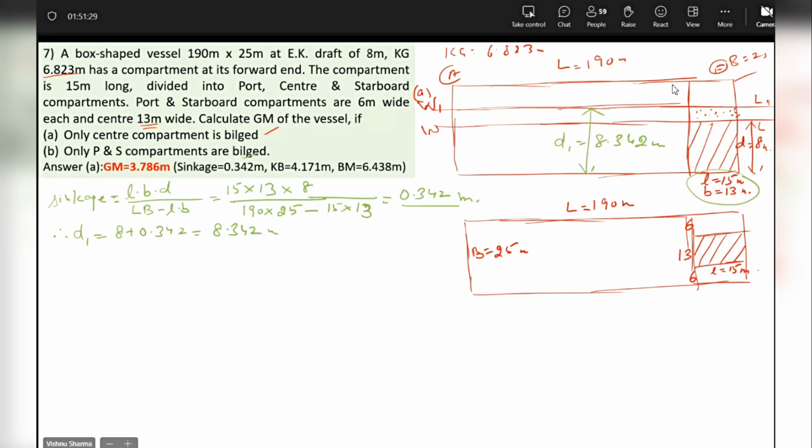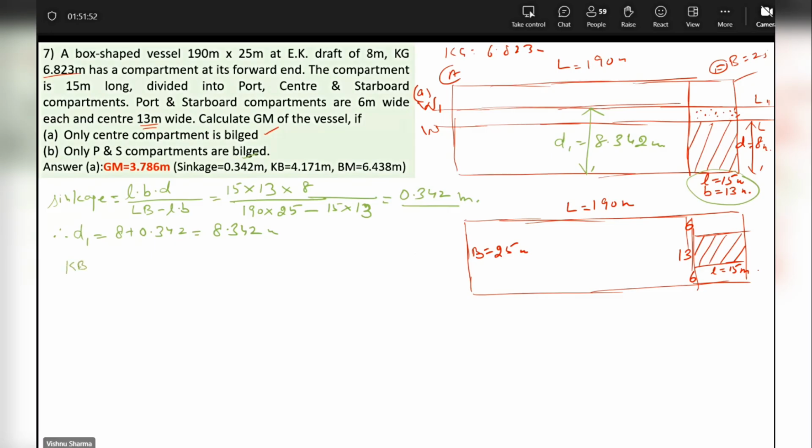Now, look at the diagram, upper diagram, and tell me whether KB will be D1 by 2, yes or no? Yes, sir. Very good.